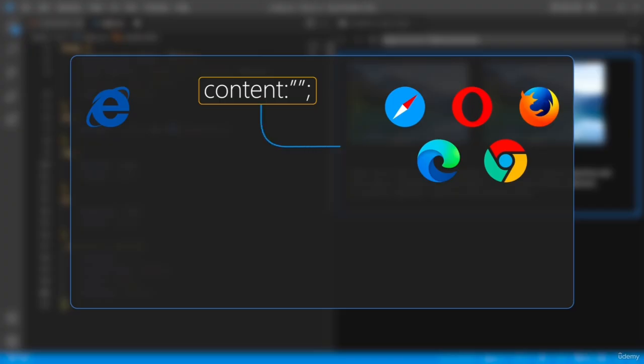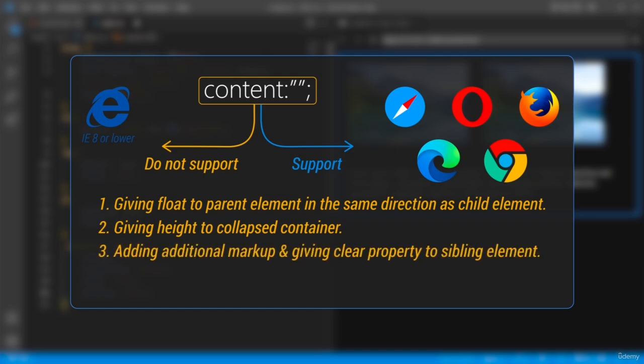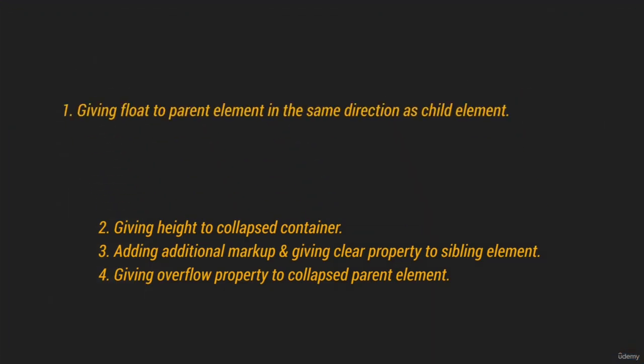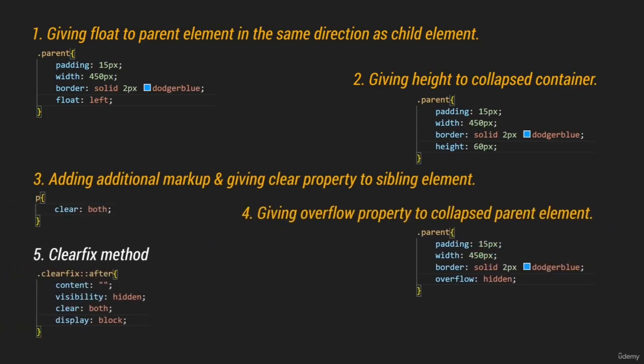To be specific, browsers less than IE8 versions, you will have to go with the older approaches which we saw in previous lectures, like floating the container element in the same direction as the child, or defining height in the collapsed container, or adding additional markup inside the HTML and then applying the clear property to it, or giving the overflow property inside the collapsed parent container, etc. There are still various ways to perform clearfix, but that depends on what kind of situation you are dealing with, but this approach is quite popular and easy to use.